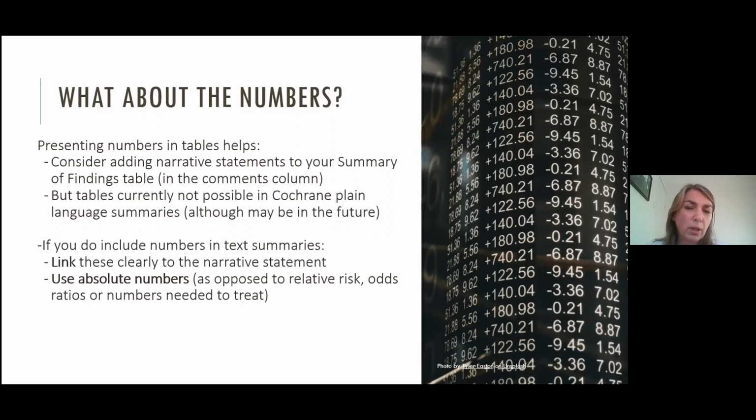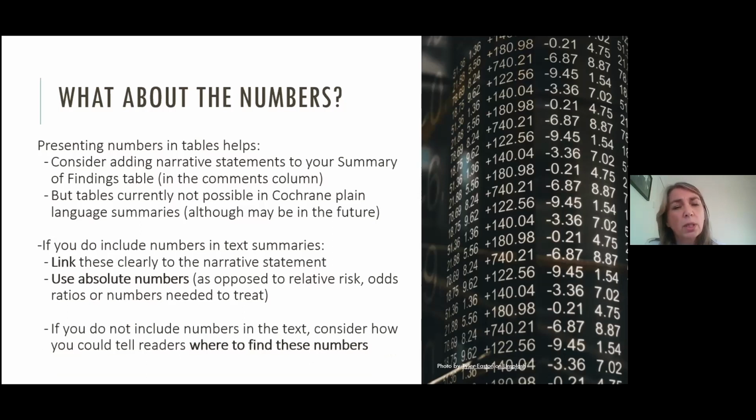Those are much less easy to understand than absolute numbers. Certainly odds ratios are incredibly difficult to understand. We know that relative risk can bias people and lead them to overestimate the impact of an effect. So focus on absolute numbers.